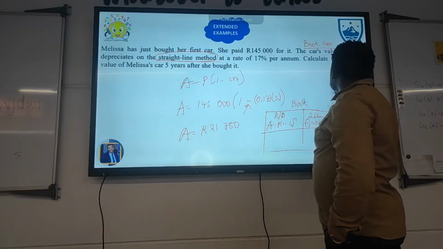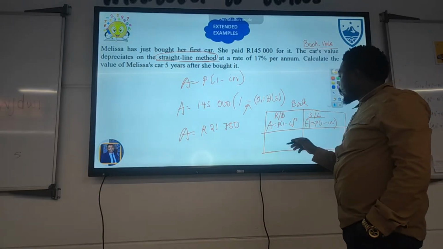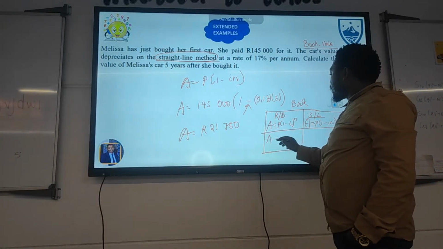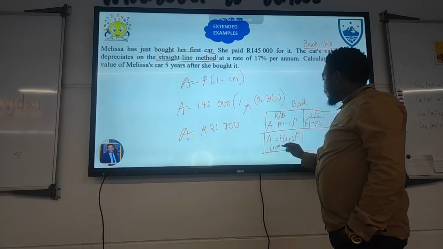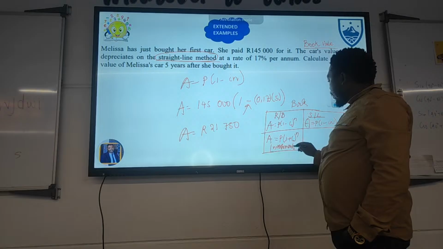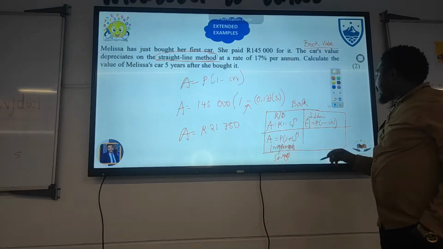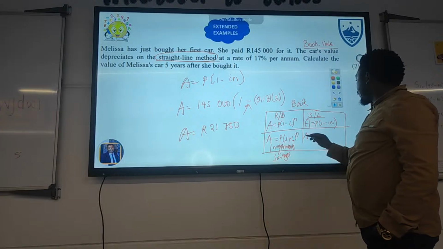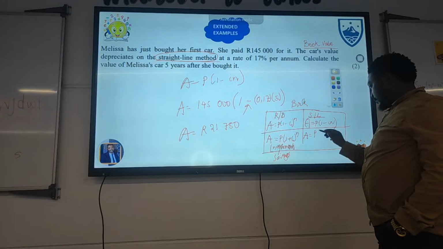So it means that we also have compound growth. It will simply be almost the same formula but with a plus. It is compounded. These are for investments, savings, and then we have decays, straight line decays, and then we also have growth.